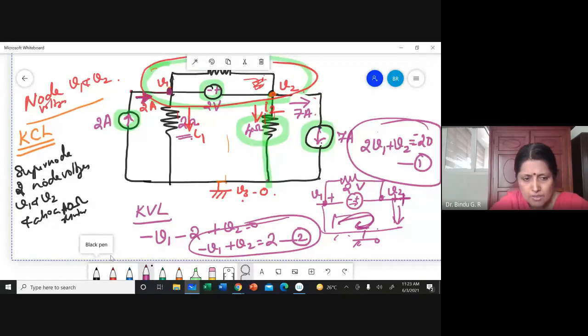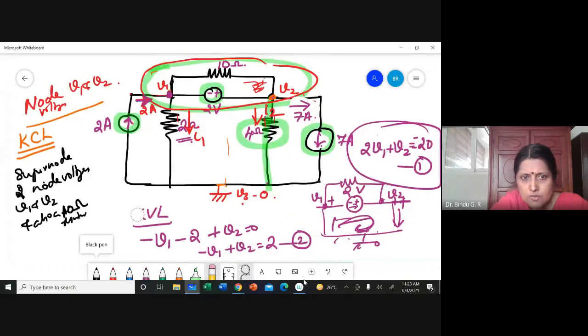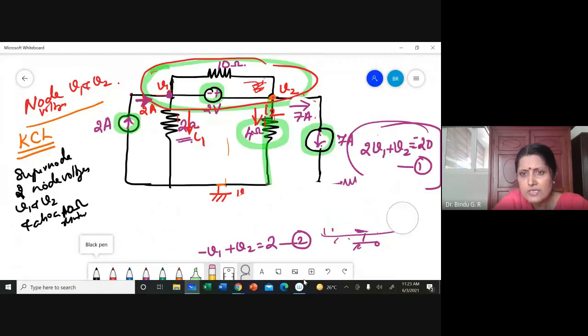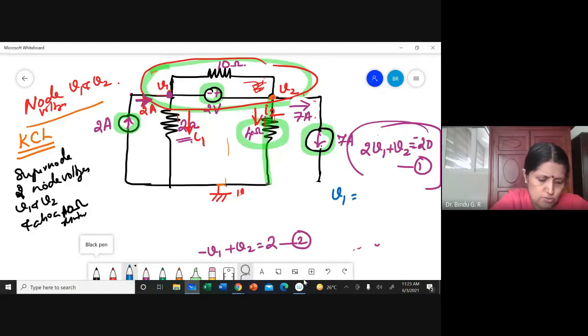Solving equation 1 and 2, you will finally end up with these values. V1 is equal to minus 7.33 volt. V2 is equal to minus 5.33 volt.